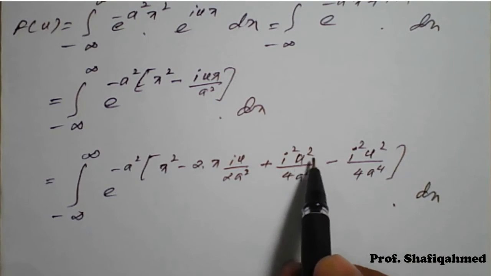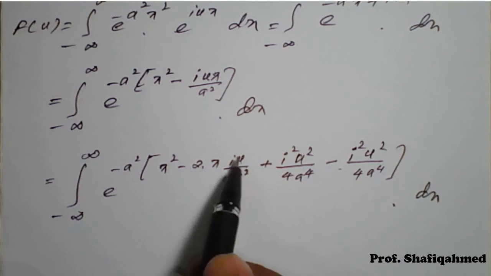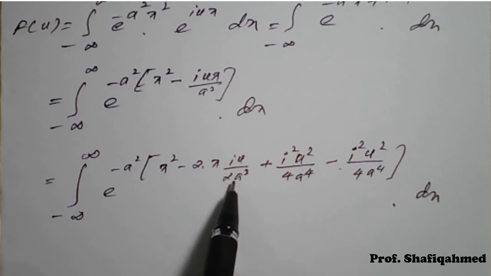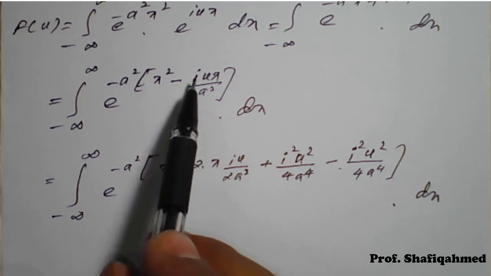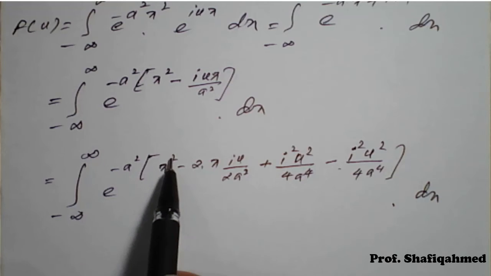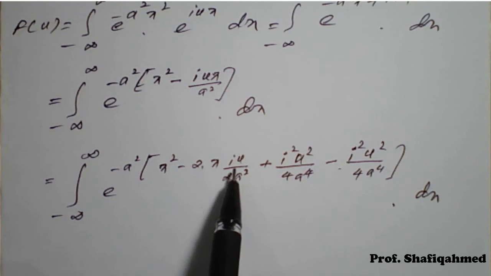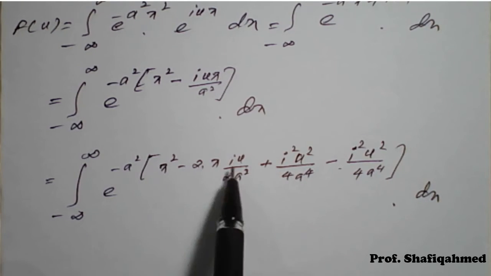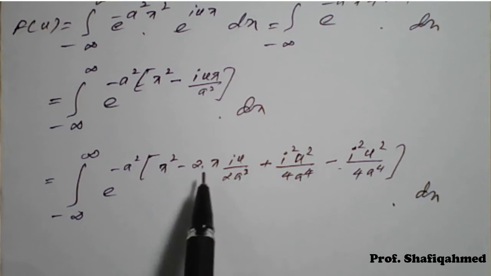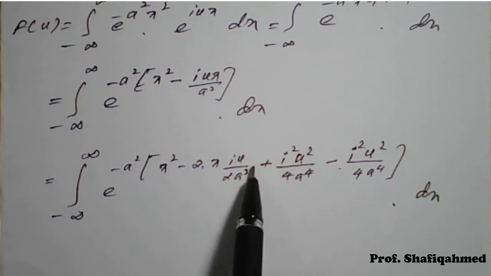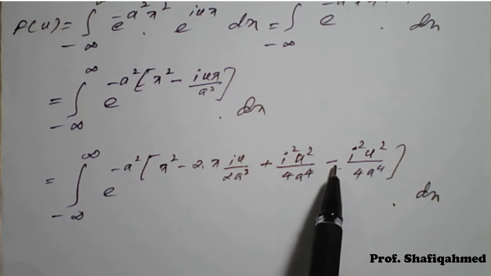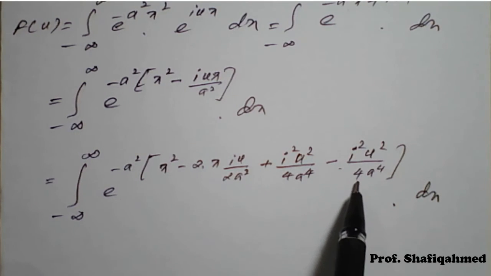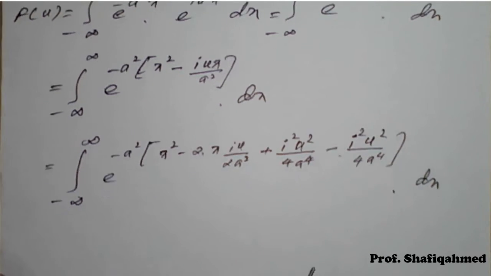This 2 cancels and we get back i u x upon a square. I have just manipulated, so you can find a square minus 2ab plus b square. These three terms will become a minus b whole square form, and we are left with minus i square u square upon 4a square.